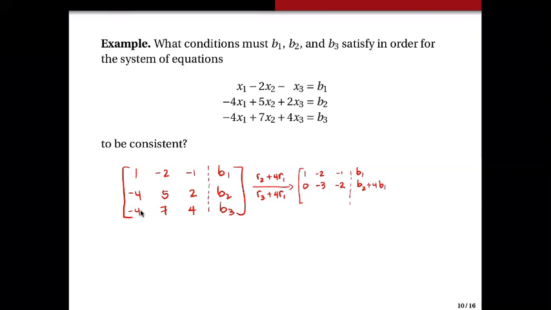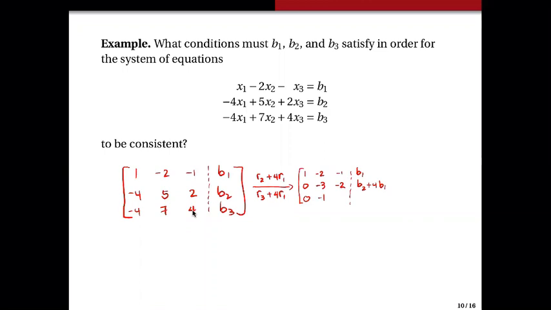For the third row, -4 plus 4 times 1, that's 0. 7 plus 4 times -2, so you have 7 minus 8, that's -1.